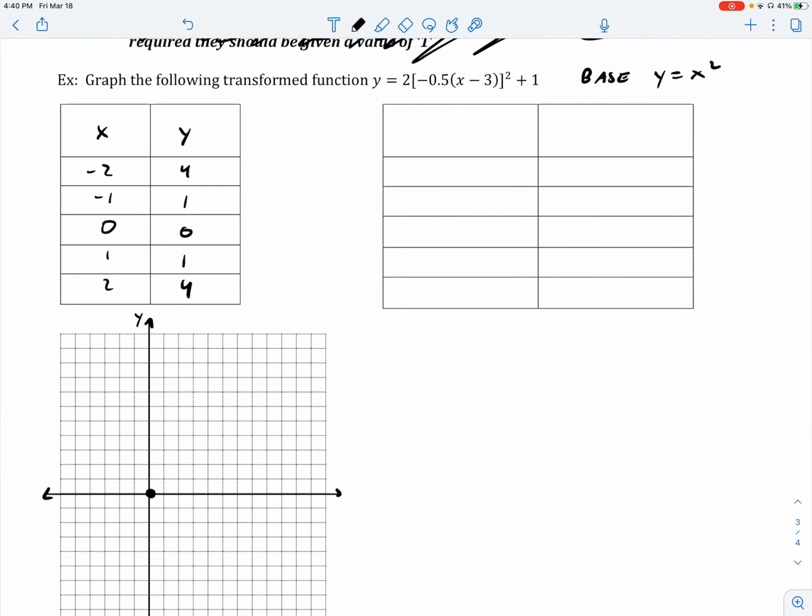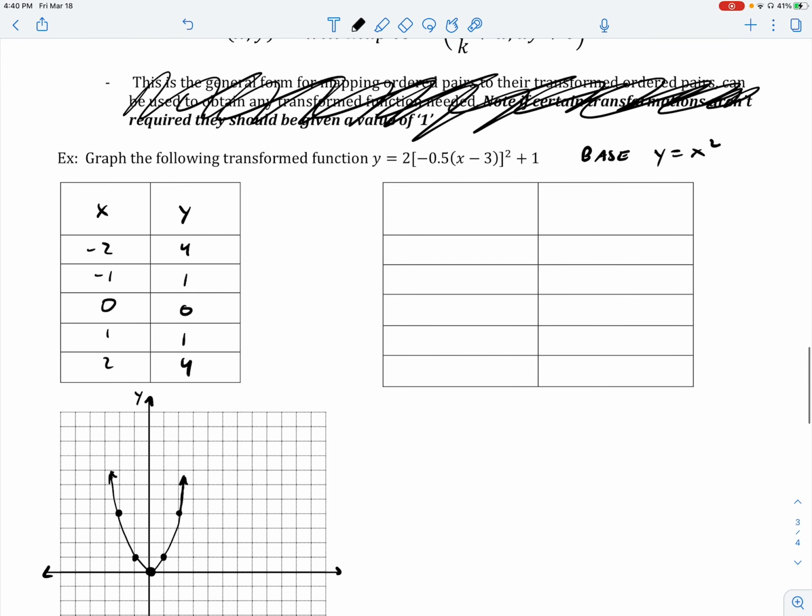Here are my base points. 0, 0, then I got my ones, and then you know the step pattern, it goes up 3 after from each one. So that's my base function.